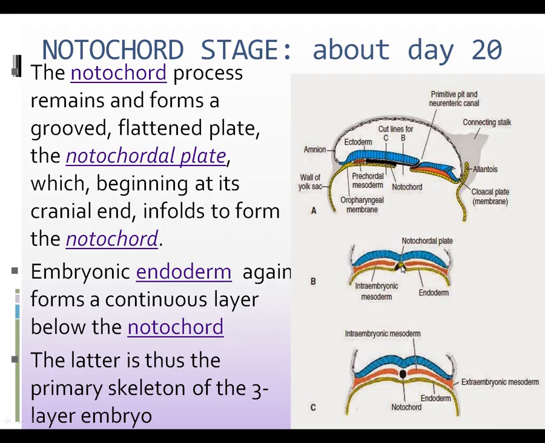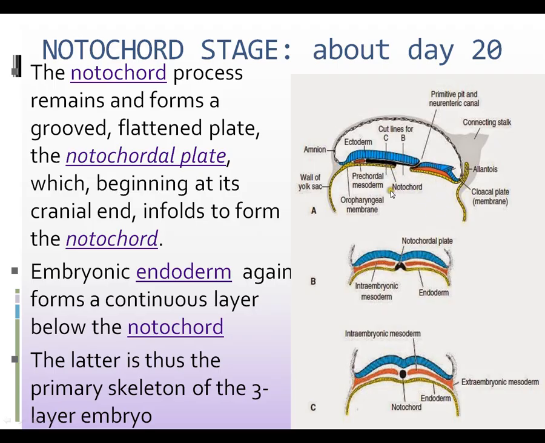When it fuses with the endoderm, a small space is generated, degeneration occurs in the floor, and a communication develops between the amnion and the yolk sac, and that communication is called the neuroenteric canal. That is a temporary communication between the amnion and the umbilical vesicle.